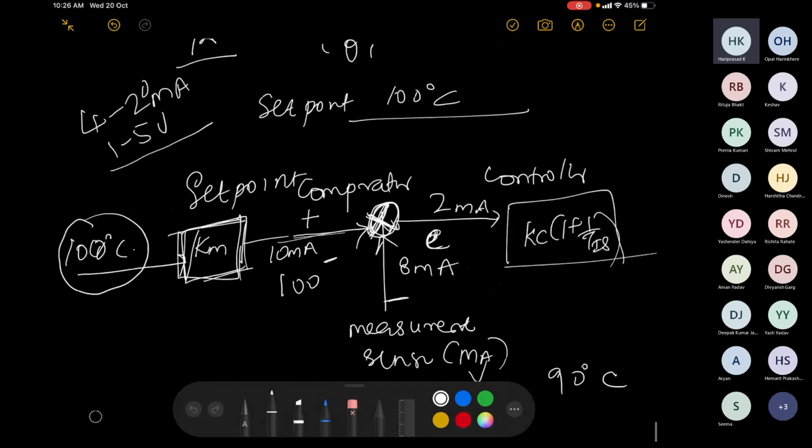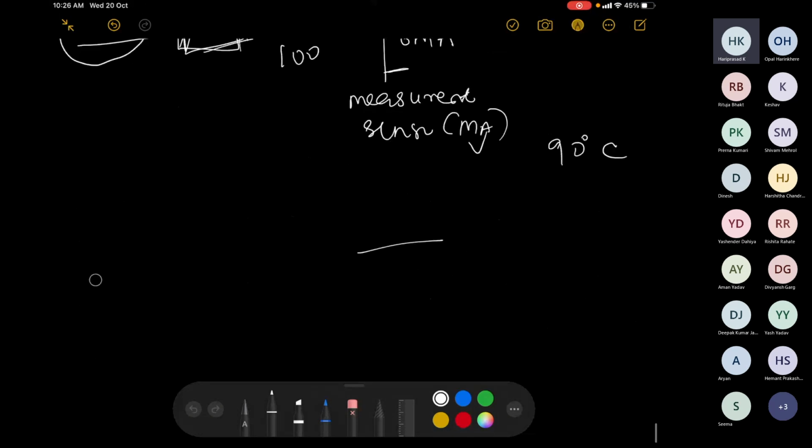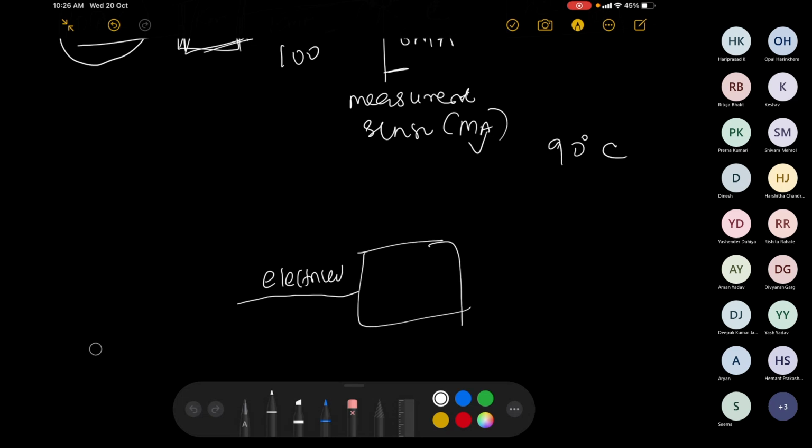Okay, let me just draw something here. It's like a box. Your electrical signal is going inside, coming from your controller, and it also has a pneumatic line coming in, from some compressor. The output is also a pneumatic line.